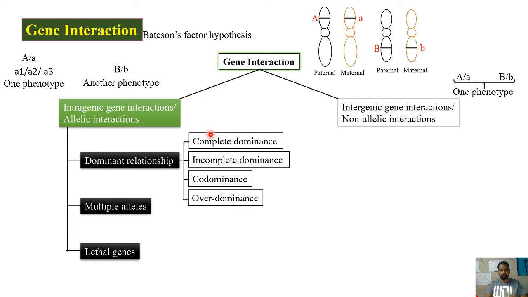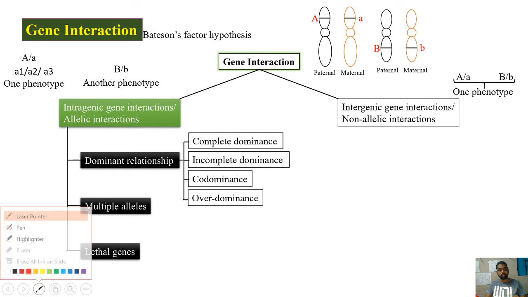In the case of stem length in garden pea, what we have seen was capital T responsible for the tallness and small t responsible for the dwarfness. Those two have a specific relationship in which capital T is dominant over small t.